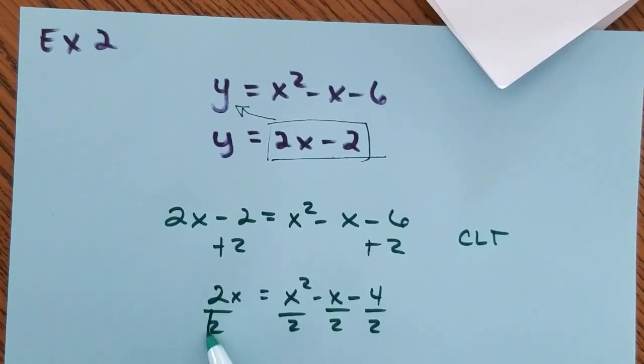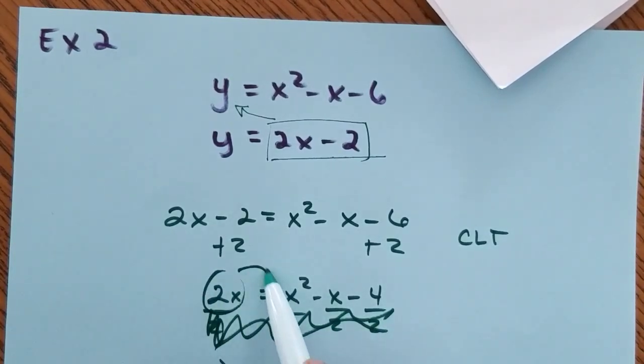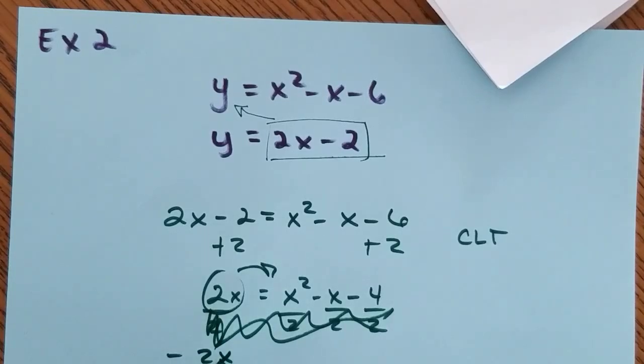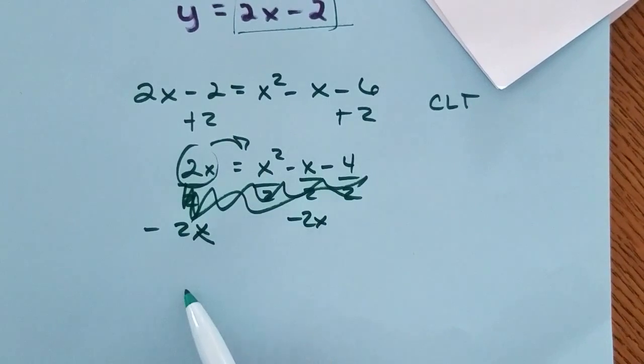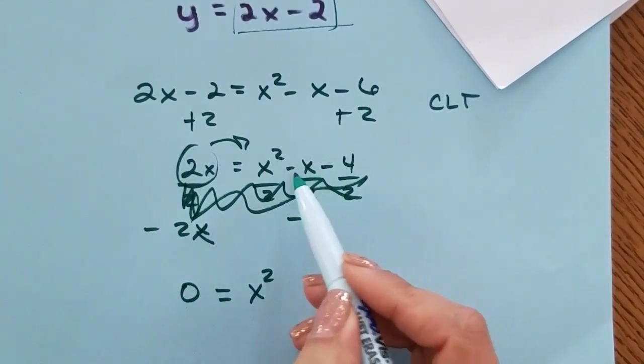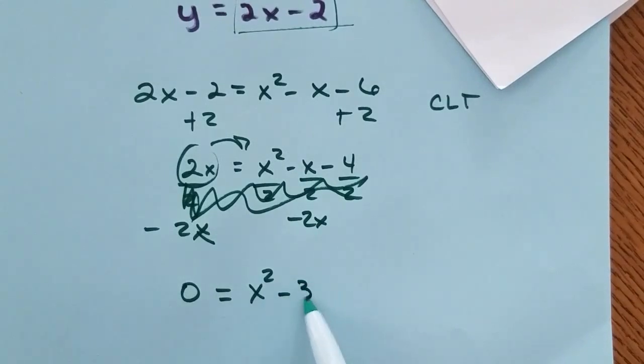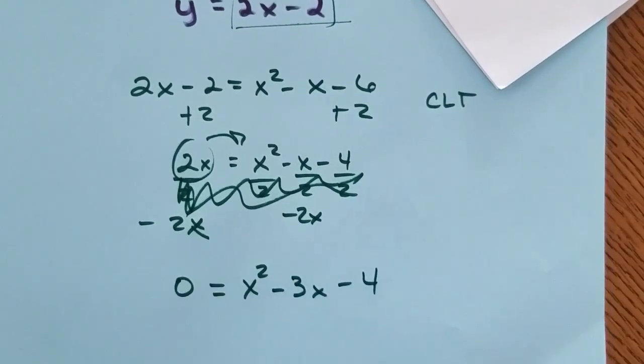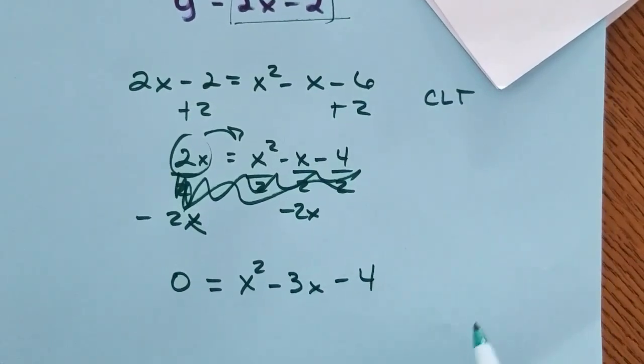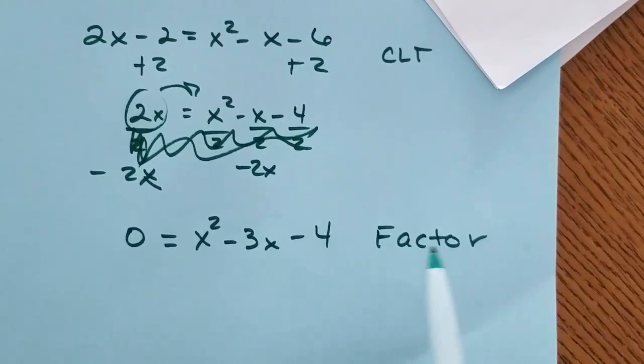Sorry, that is incorrect. I don't want to divide here. I want to actually move this over to the other side, so I'm going to subtract it. Minus 2x, minus 2x here. So now I'm going to get 0 on the left-hand side and x squared, negative x minus 2x is negative 3x, minus 4. So now we can go ahead and factor. Remember, when you factor, you can do it by grouping or bottoms up or guess and check.